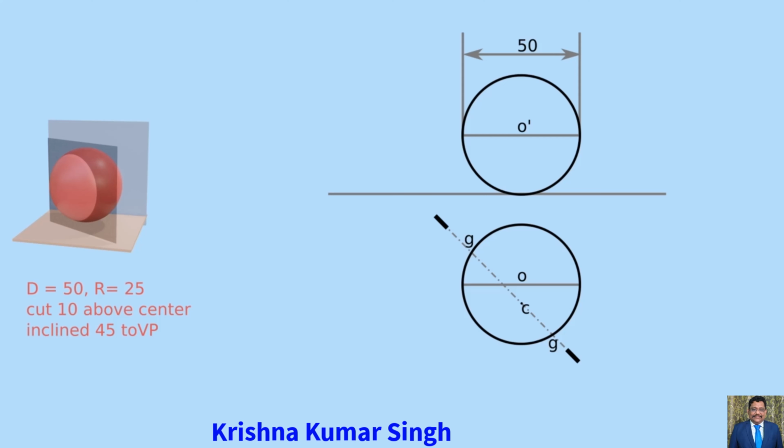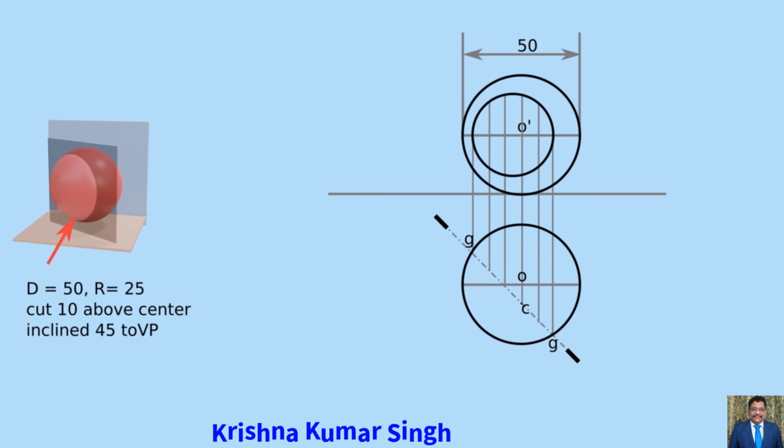Now it's time to draw a sectional view. The true sectional view of the sphere as per condition 2 is the front sectional view, because the section plane in this condition is perpendicular to HP. For that, draw the construction lines from the top view. These construction lines should be drawn upwards from GCG and various points of line GG.